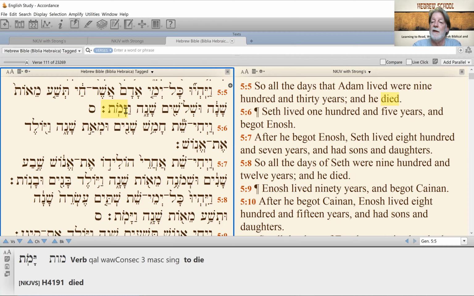Basically, science says that's nonsense, and the Bible is just wrong about the lifespans of these people. That's modern day science. It's not legitimate science, but it's a skeptical science, and it just says the Bible's wrong. Nobody can live that long.